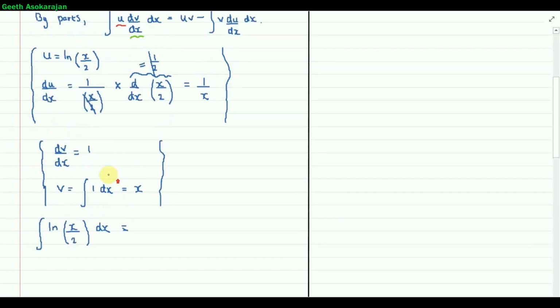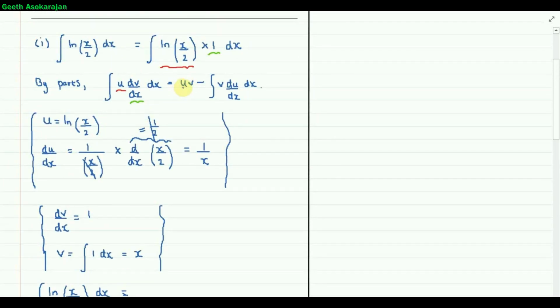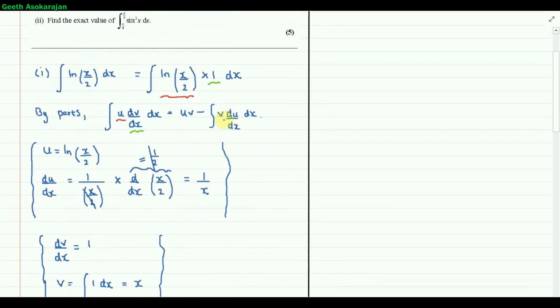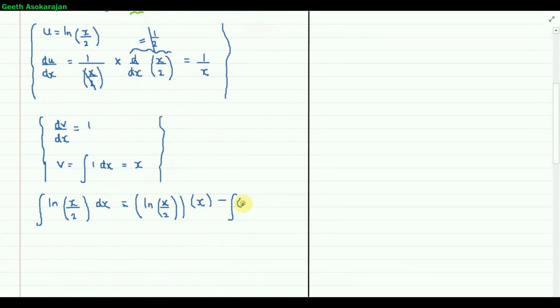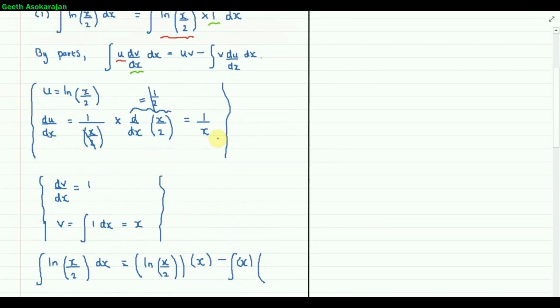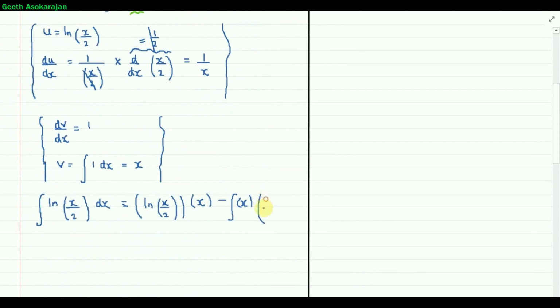However, on the right we're going to have uv, so u is ln(x/2), so let me copy that down: ln(x/2) multiplied by v. v in this case is x, so multiplied by x, minus the integral of, according to the formula, v, which is x, multiplied by du/dx, and du/dx is 1 over x.